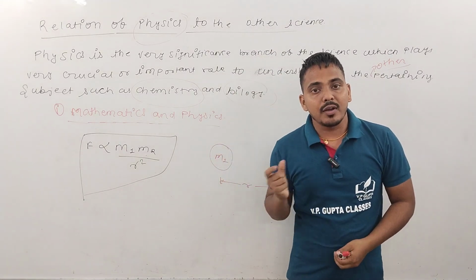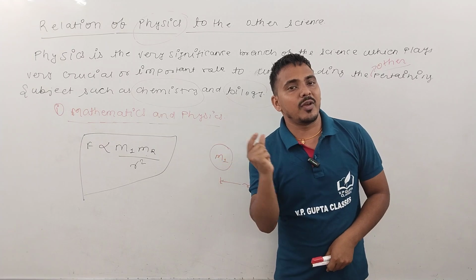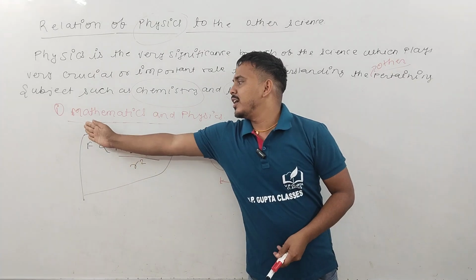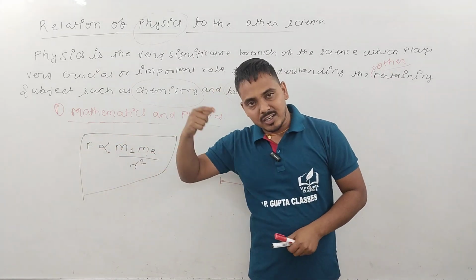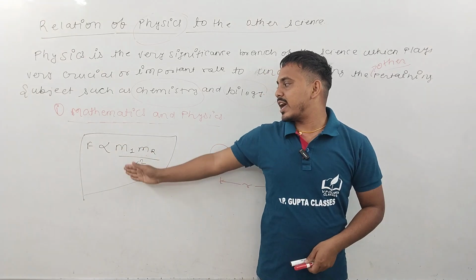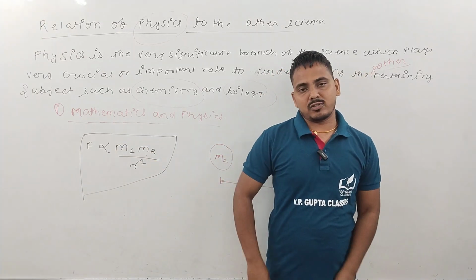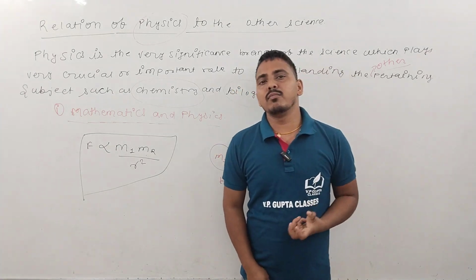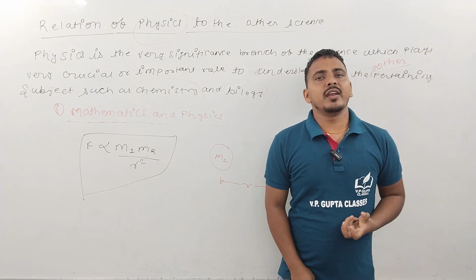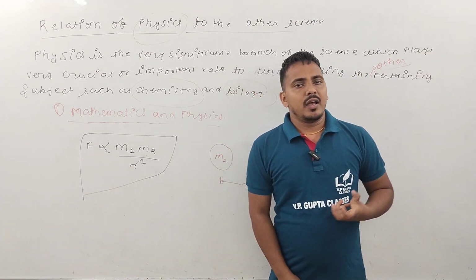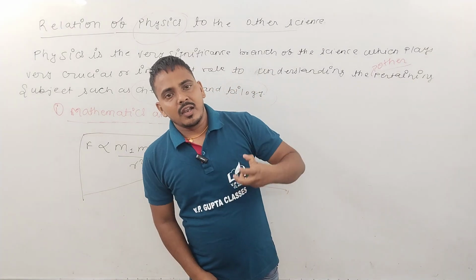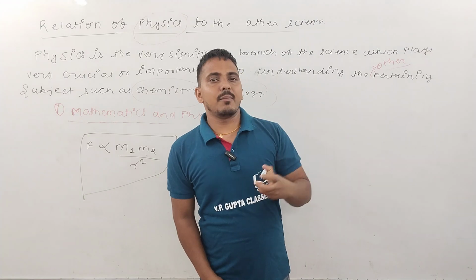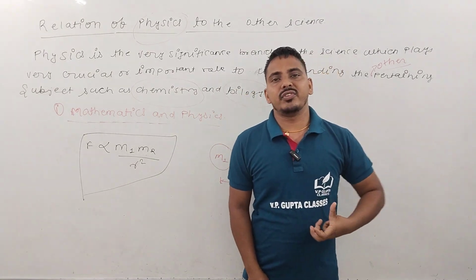Now we spoke in a very long language, but in mathematics we can easily represent that language. That is, force is directly proportional to m1 m2 by r square. So we can say that if we use mathematics, then we can easily explain nature and the laws of nature, and mathematics is the heart of physics.